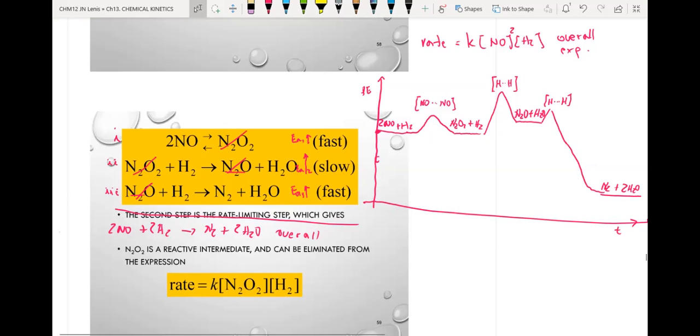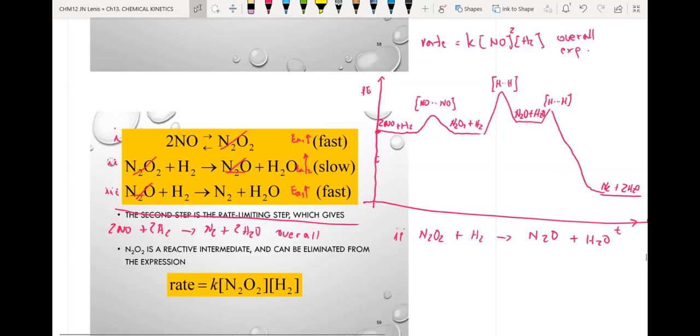All right. So on the second step, we have this elementary process, N2O2 plus H2 to form N2O plus H2O.